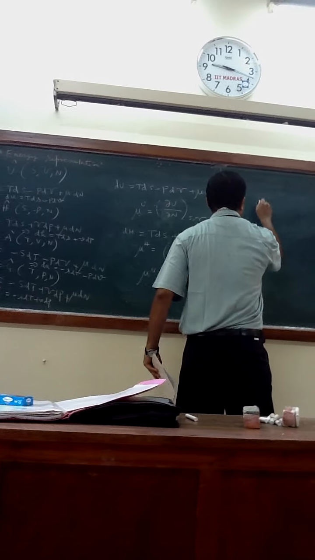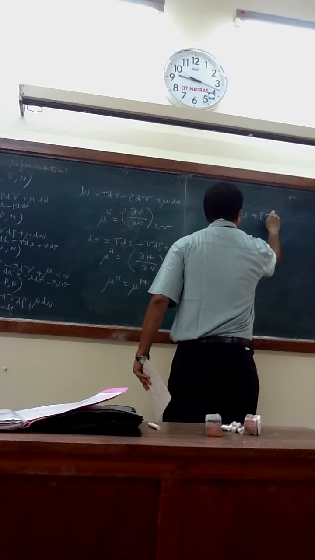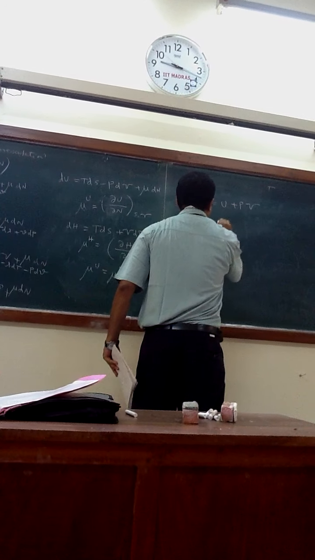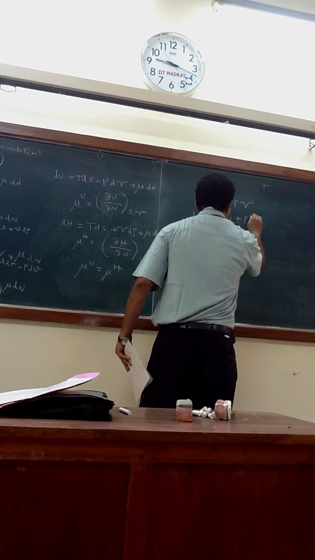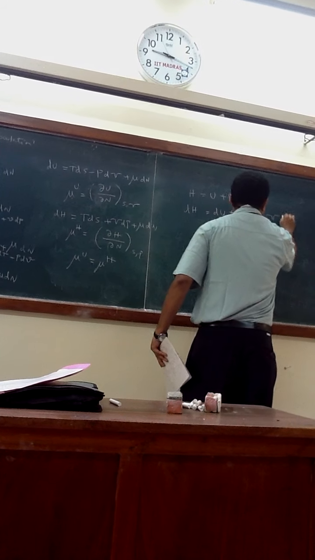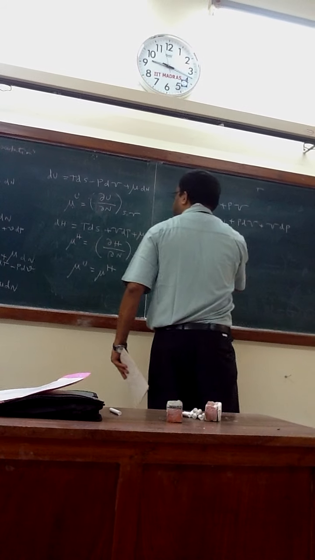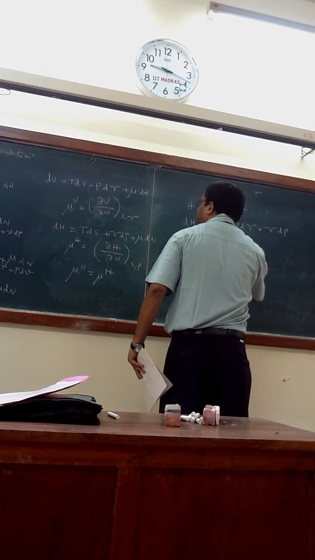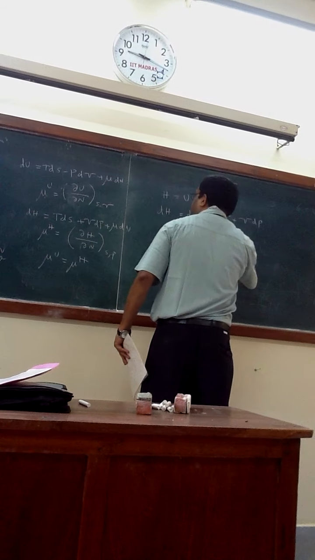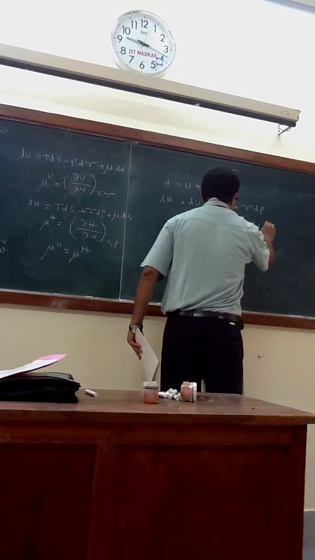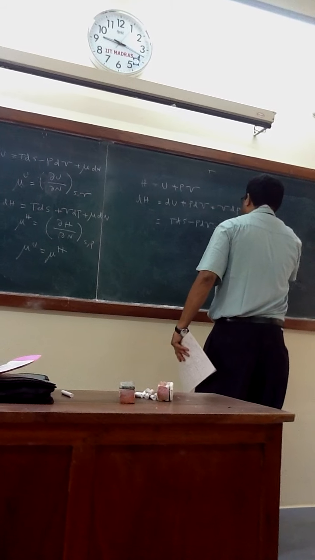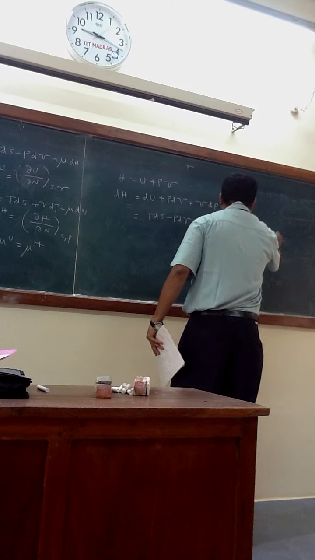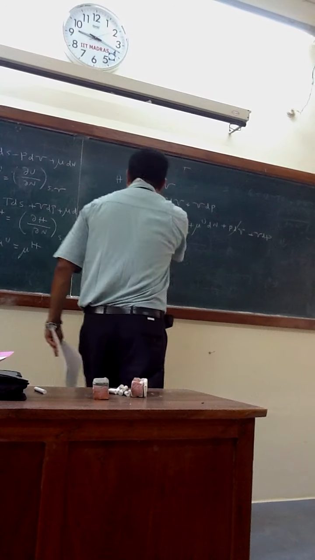It's easy to prove. H equals U plus PV, so dH equals dU plus P dV plus V dP. The dU expression is T dS minus P dV plus mu_U dN, plus P dV plus V dP, so the P dV gets cancelled. And dH is what?